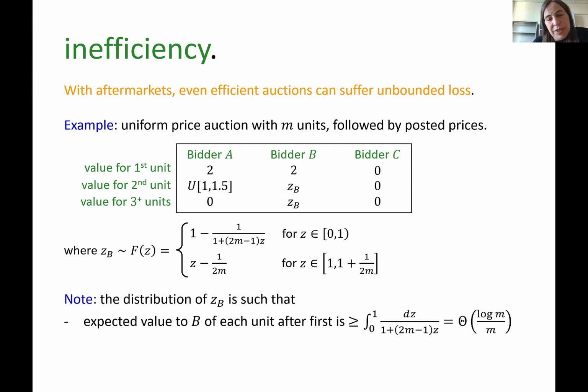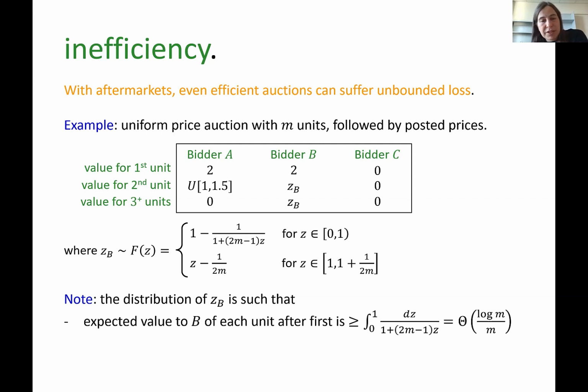And this feels like a kind of funny, concocted example. It's chosen to have a particular property, which is the expected value to bidder B of each unit after the first, which we can calculate. That's at least the expected value that the low types would get.